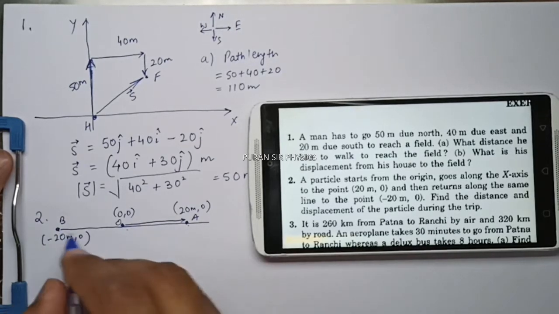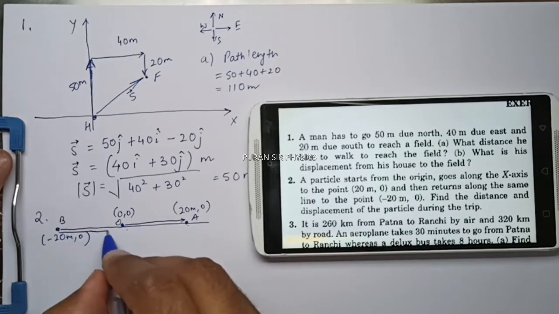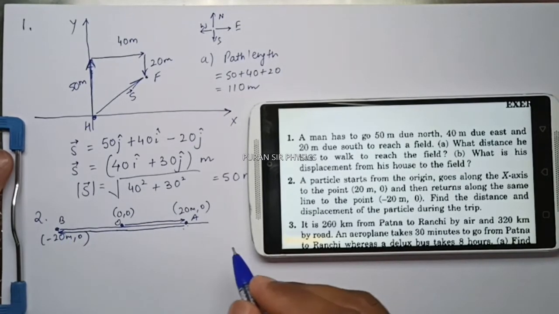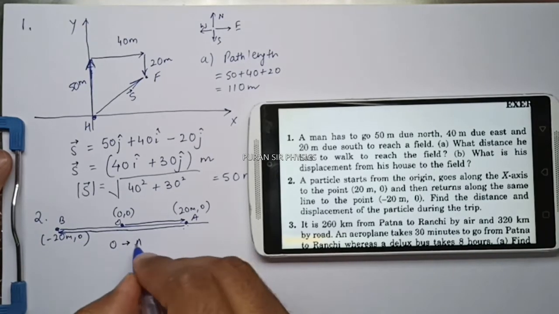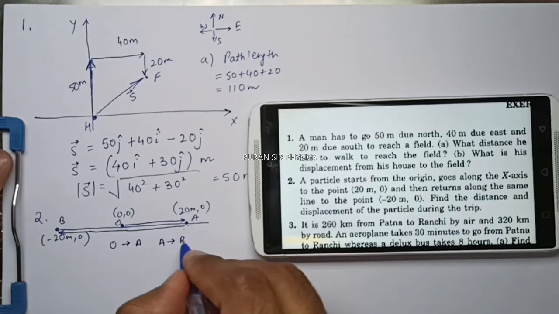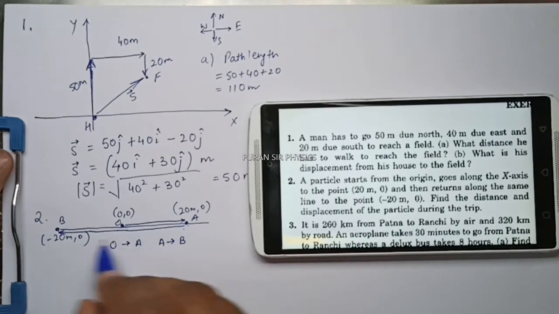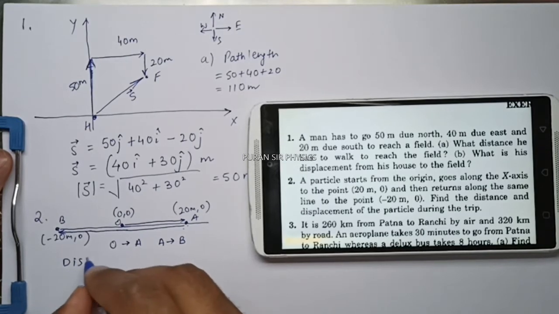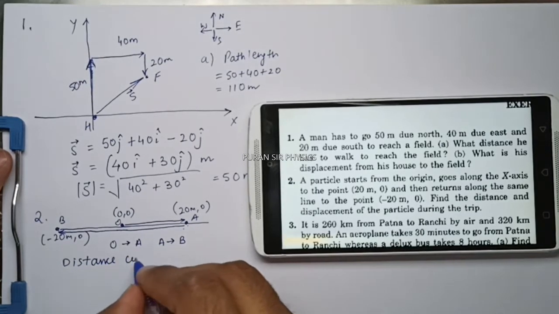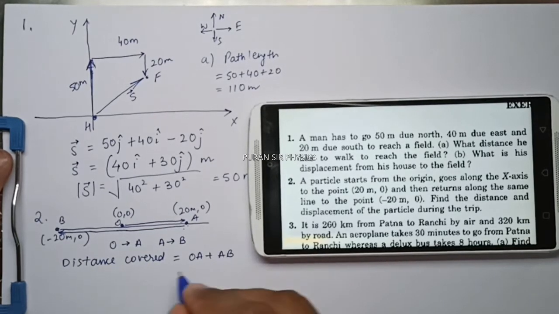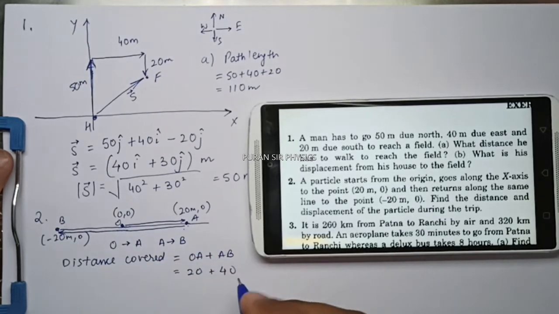So the next displacement will be A to B. First O to A, then A to B. So if we want to find the distance covered, that will be OA plus AB. OA is 20, AB is 40. 20 plus 40 comes out to be 60 meter.